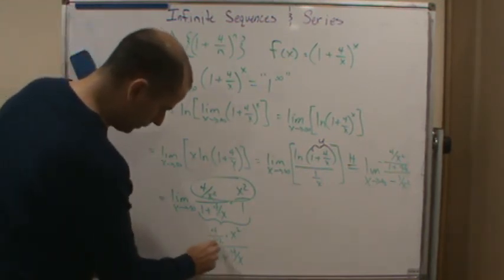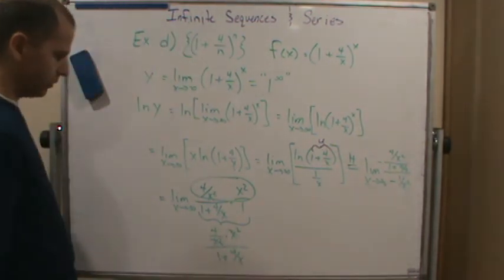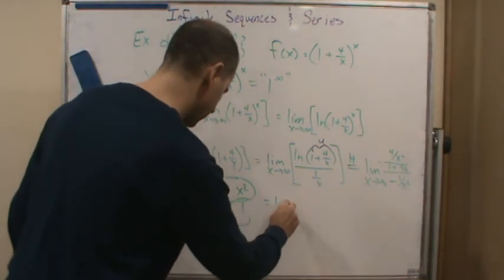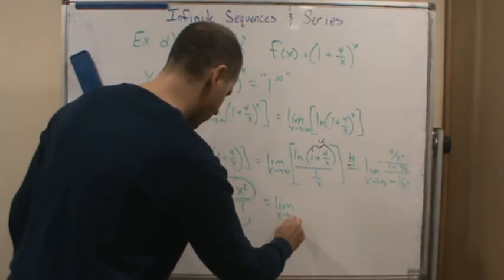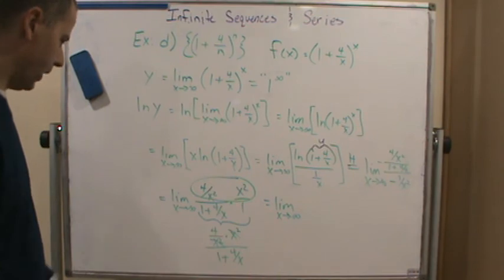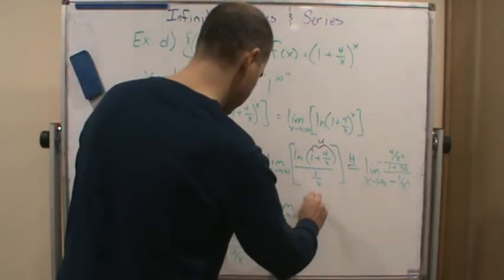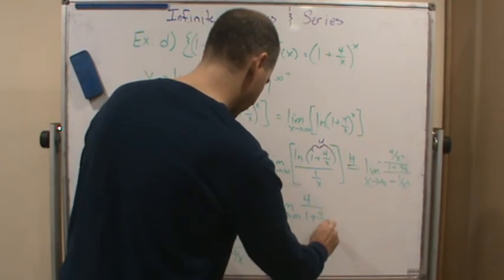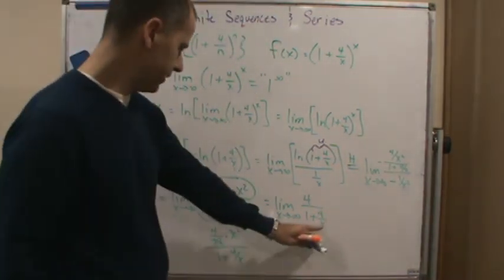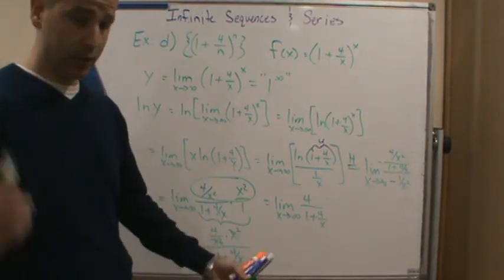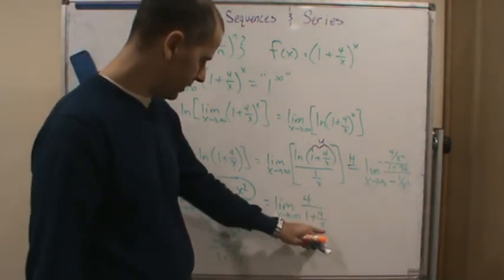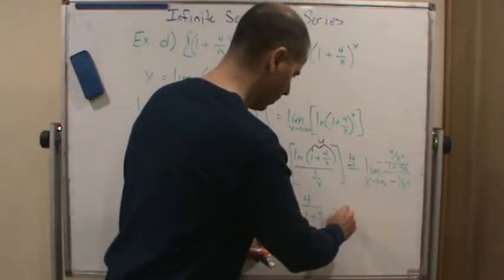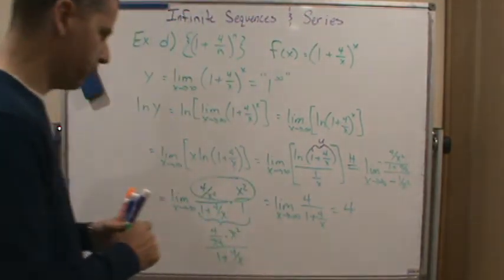On the top, the x squareds cancel out. So I'm going to get the limit as x approaches infinity of 4 over 1 plus 4 over x. We can use the limit laws, but this 4 over x is going to go to 0, so this is going to go to 4.